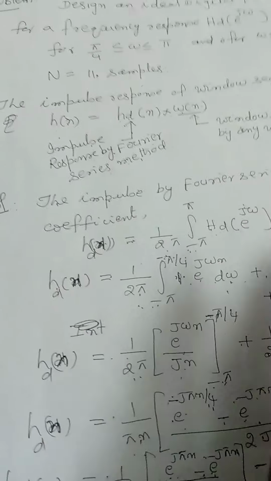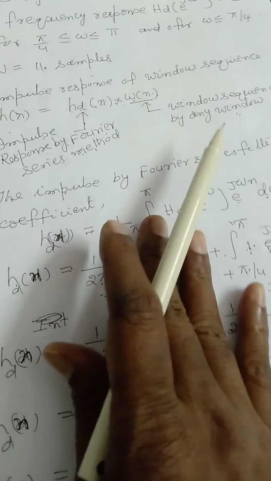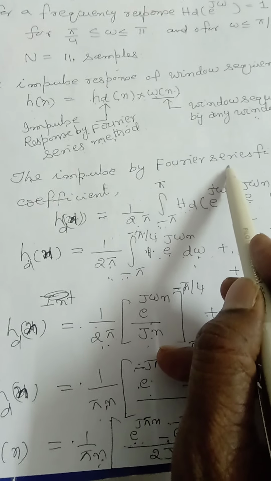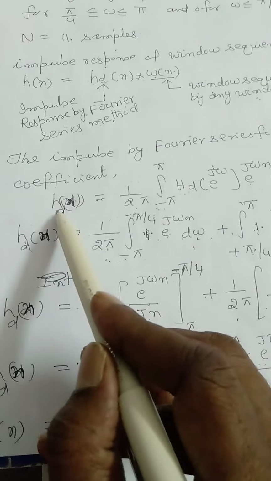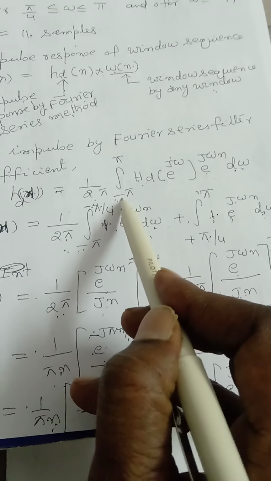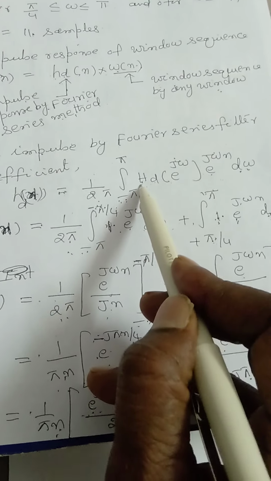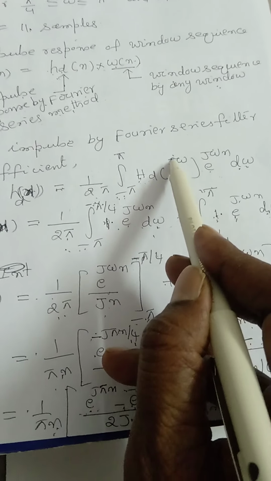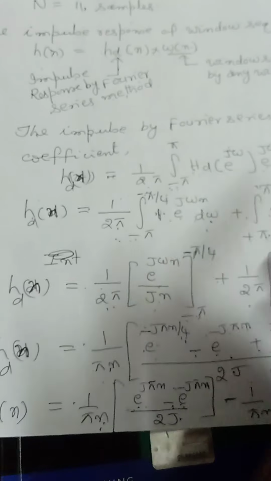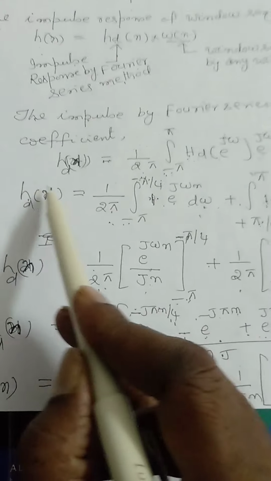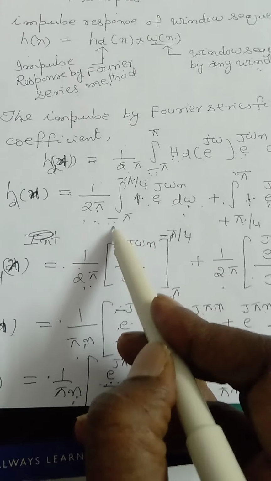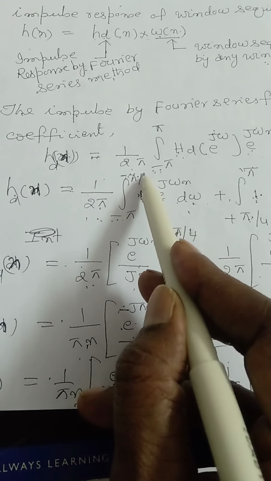Everybody knows the impulse response by the Fourier series filter coefficient method, that is hd of n is equal to 1 by 2 pi integral from minus pi to pi of capital HD e to the power of j omega, e to the power of j omega n d omega. Now hd of n is equal to 1 by 2 pi integral from minus pi to minus pi by 4.